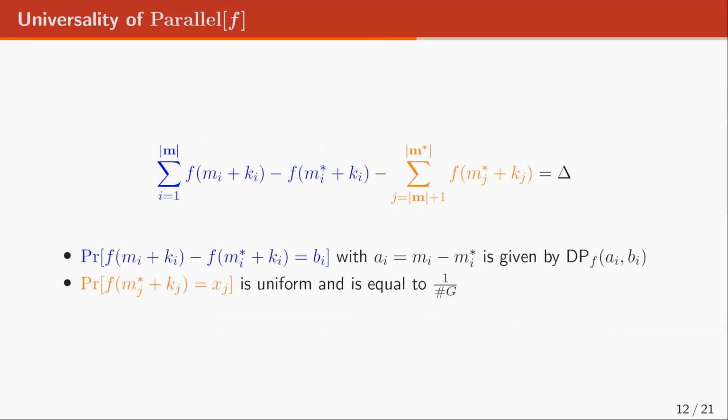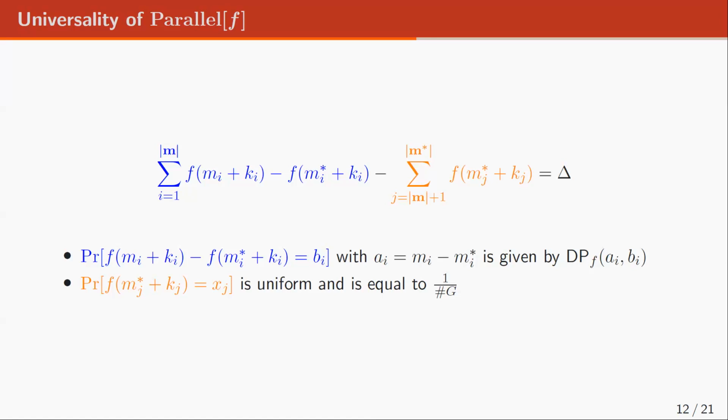So what we can see is that we can talk about the probability of each of these terms having a certain value that eventually we want to sum to delta. And we can see that the blue terms are actually given by a probability mass function, DP of f with A_i, B_i, where A_i is just the difference between the i values.